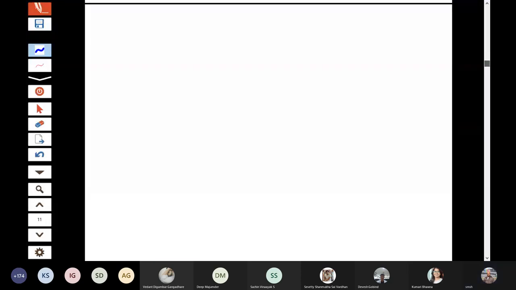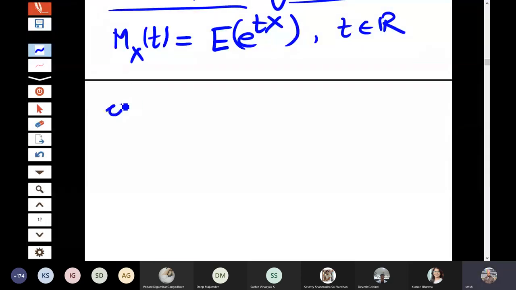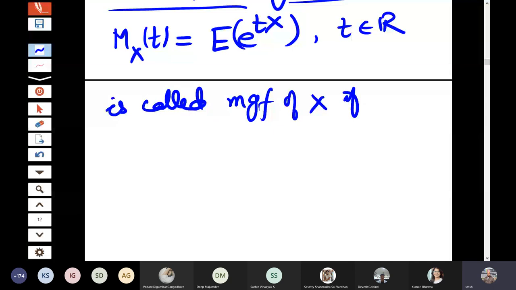This is called the moment generating function of x if it exists, because you know that moments need not exist all the time. So this expectation need not exist all the time. Only if it exists will it be considered the moment generating function.